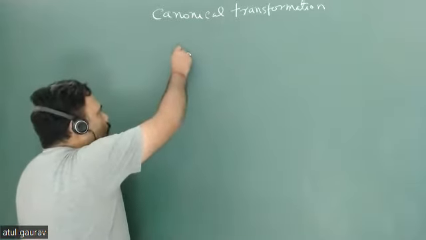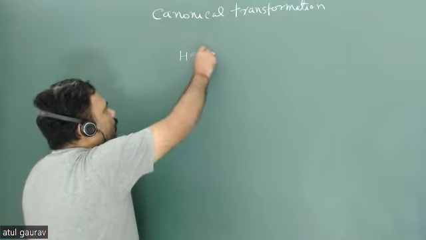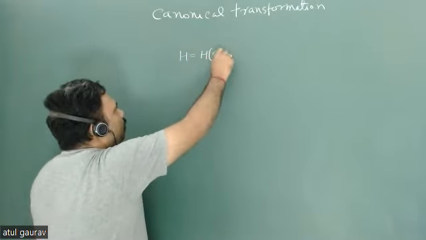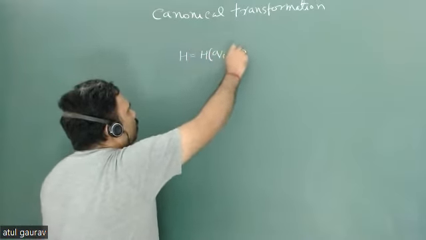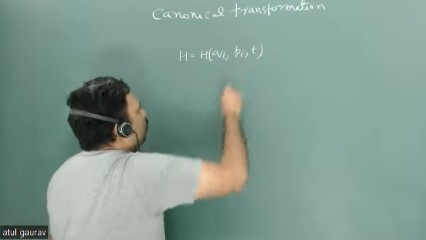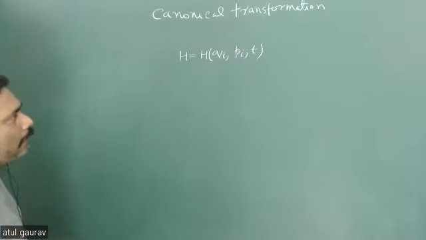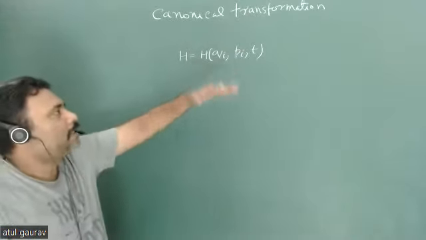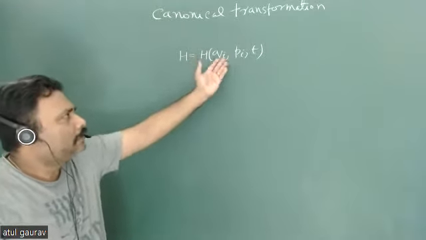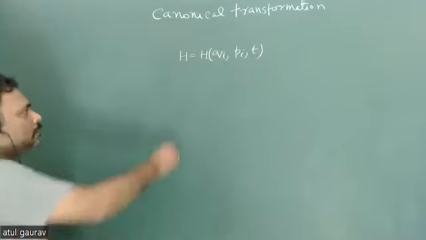So let's see what we have to do. We have the Hamiltonian of a system, and this Hamiltonian is a function of generalized coordinates, generalized momenta, and obviously a function of time. And we want to change this Hamiltonian, or rather we want to change this coordinate system to another coordinate system.